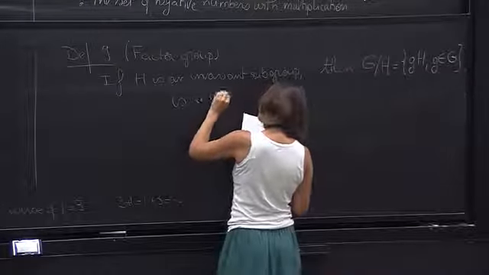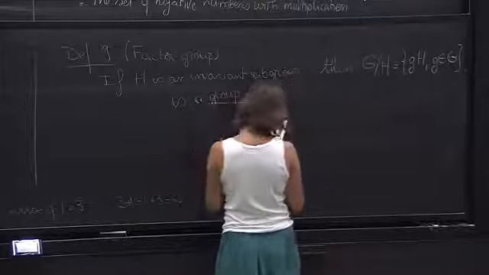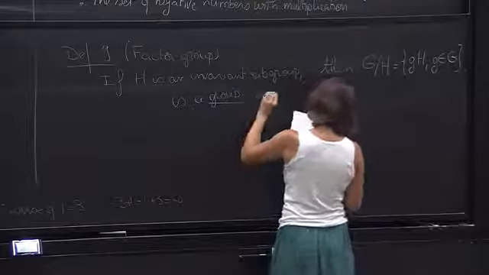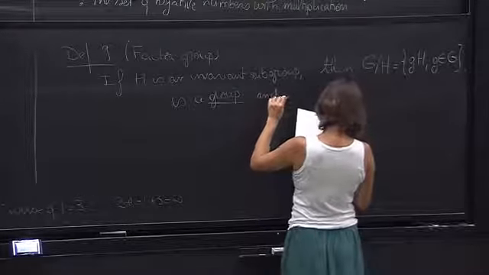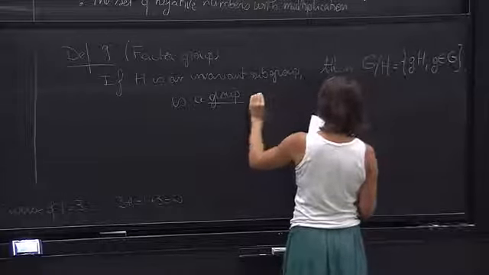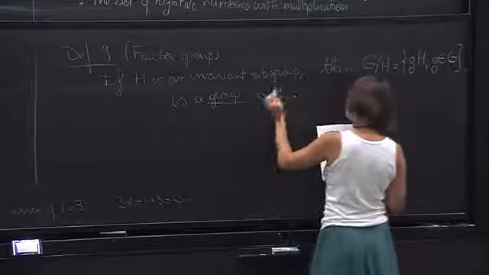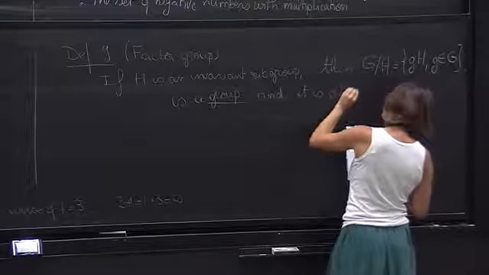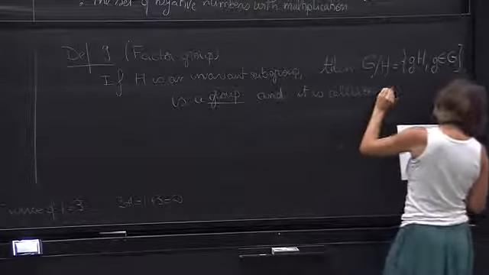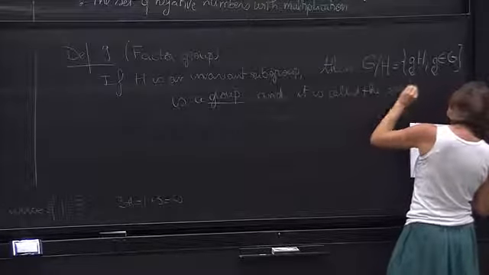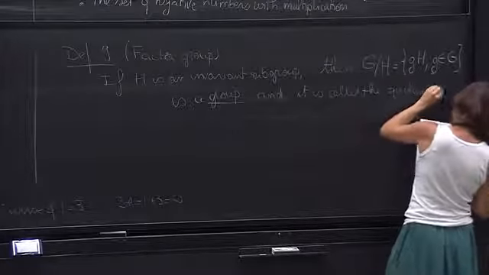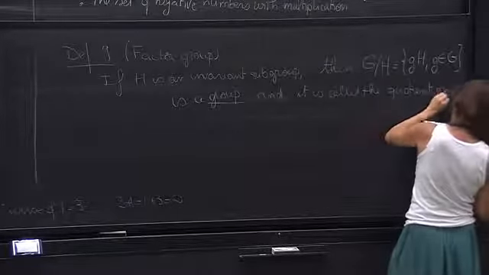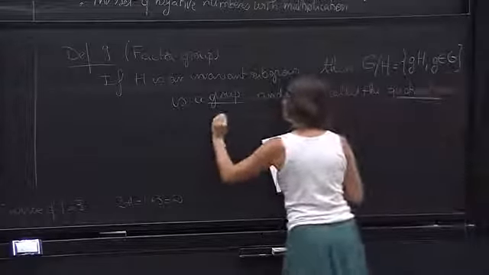Okay, so be careful when we do this kind of combination. And it's called the quotient group or the factor group.